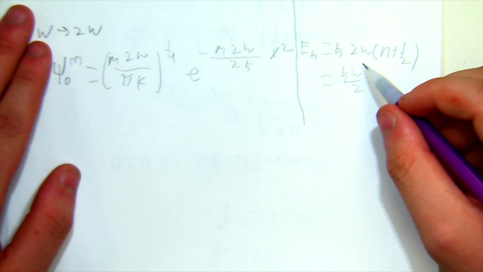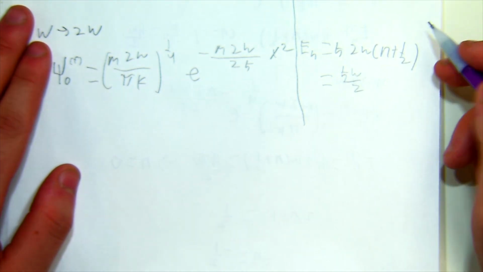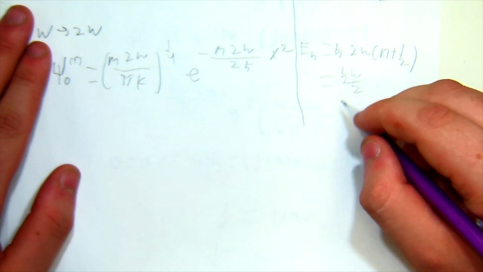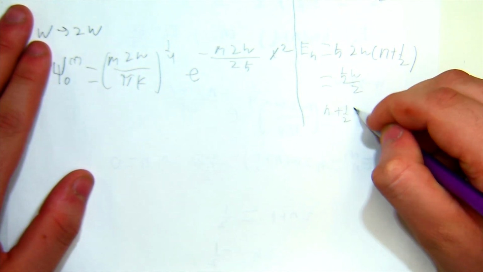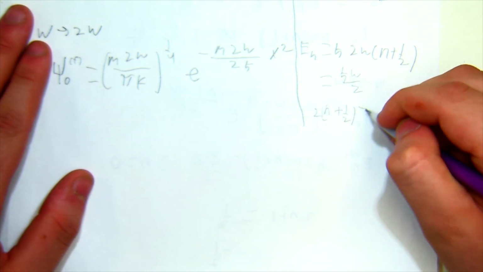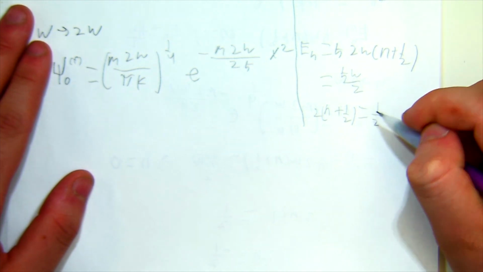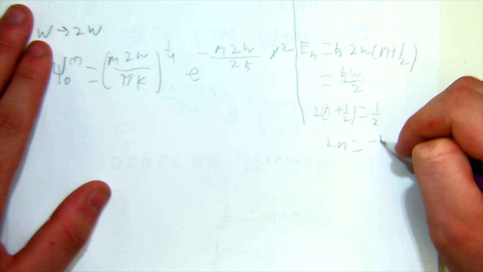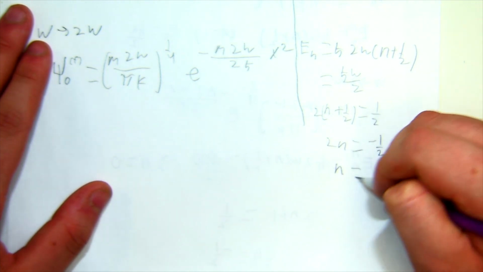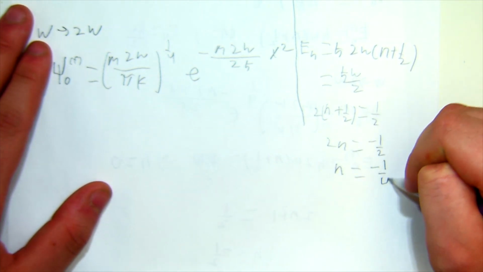So let's see, we can cross out the h bar omegas, and then we'll have 2 times n plus 1/2 is equal to 1/2. So then we have 2n is equal to negative 1/2, and then n is equal to negative 1/4.